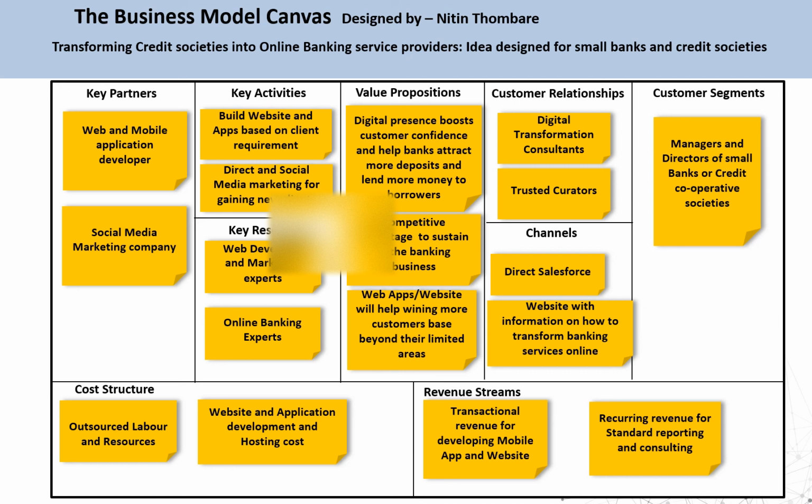Once the first mobile application and website is ready, tested according to customers' needs and functioning, the same framework can be applied for newly acquired customers, and we will be able to process the requests faster by using the same model. So this is how I believe we can transform the credit societies into online banking service providers.